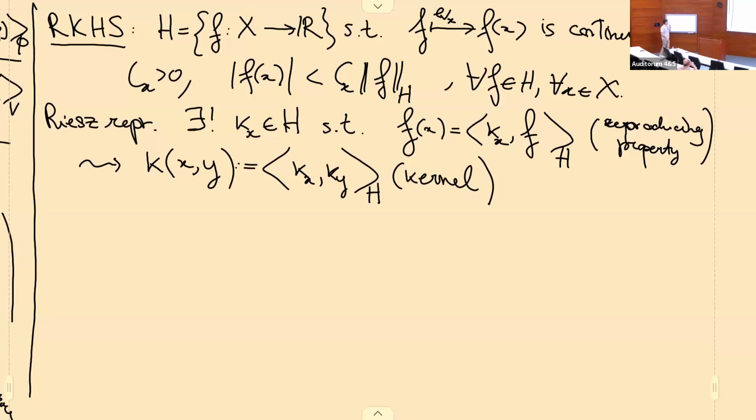Now, the harder question is, if I give you a kernel, is there a unique RKHS associated to it? And the answer is no, a priori in general.